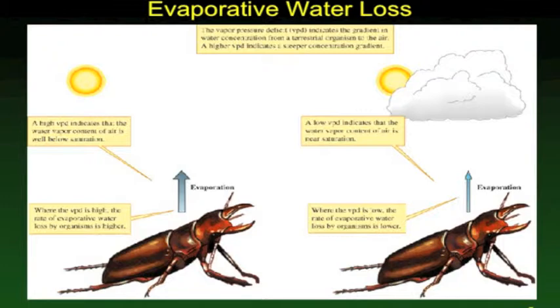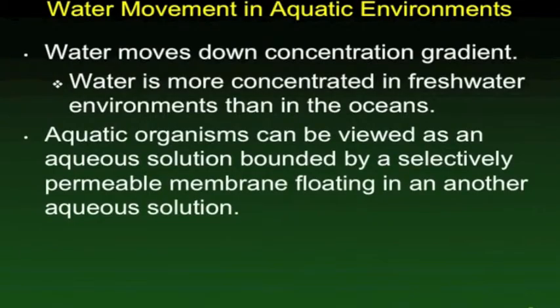As I mentioned earlier, water tends to move from an area of high concentration to an area of low concentration, or down its concentration gradient. And fresh water is more concentrated than ocean water. That's because fresh water has less salt, and the salt takes up space.